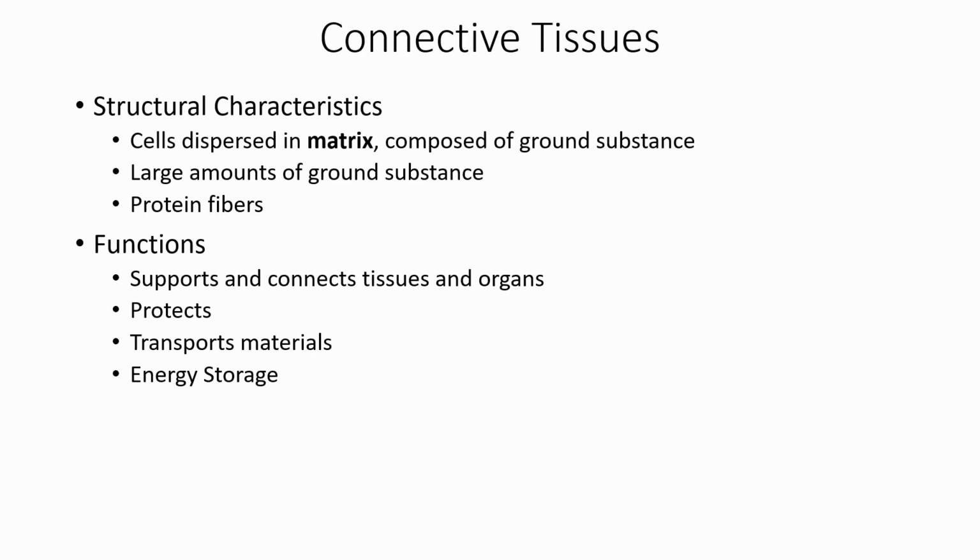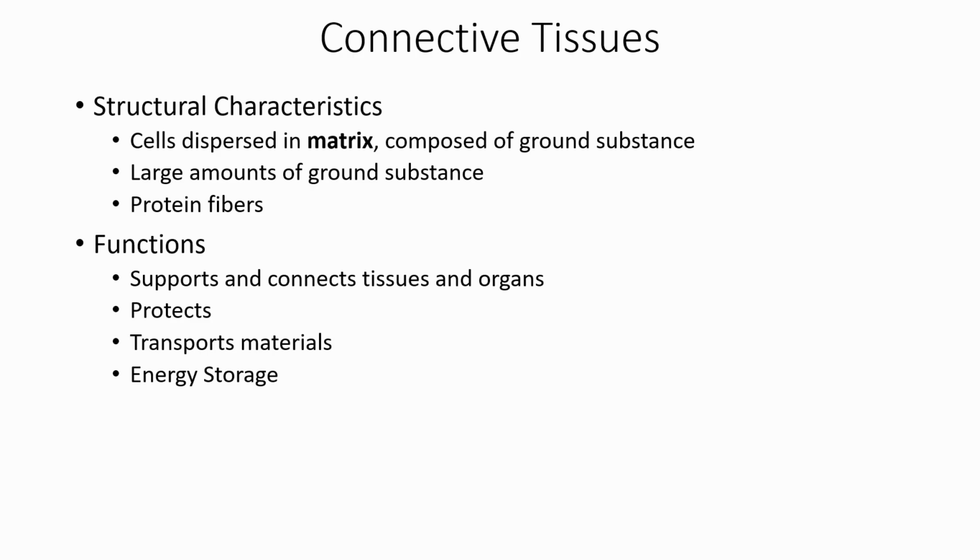So let's talk about what all connective tissues have in common first, right? We'll go kind of generic and then we'll work our way into the specific. One thing that all connective tissues have in common is that they have some sort of matrix composed of a ground substance. This is where we see a lot of extra components that are not made of cells.